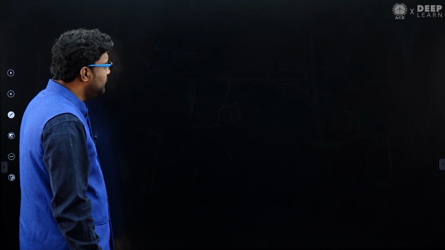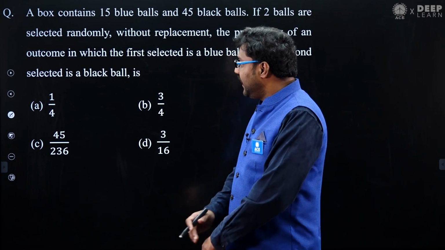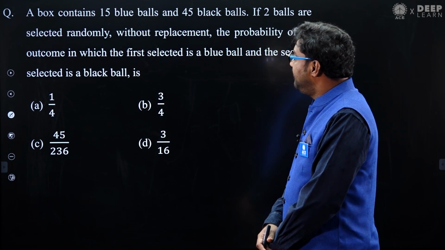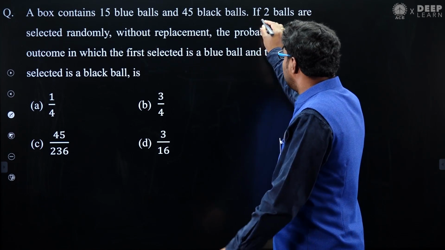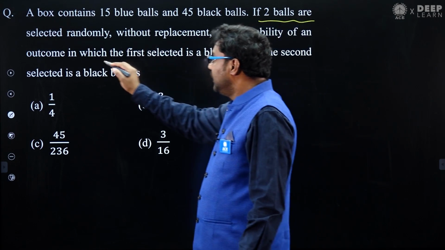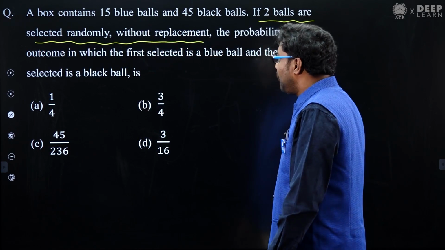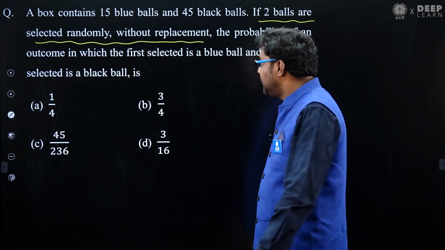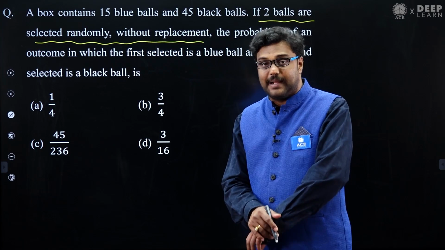See the next question, related to probability. 15 blue balls and 45 black balls are there. 2 balls are selected randomly without replacement. The probability of an outcome in which the first selected is a blue ball and the second selected is a black ball.